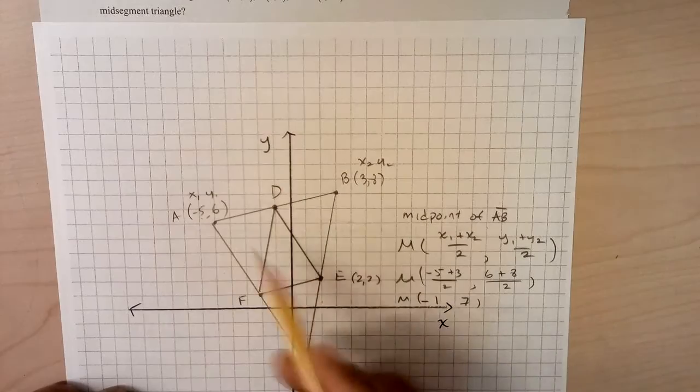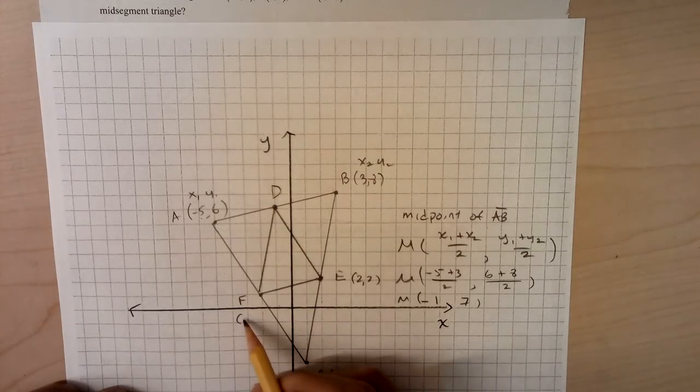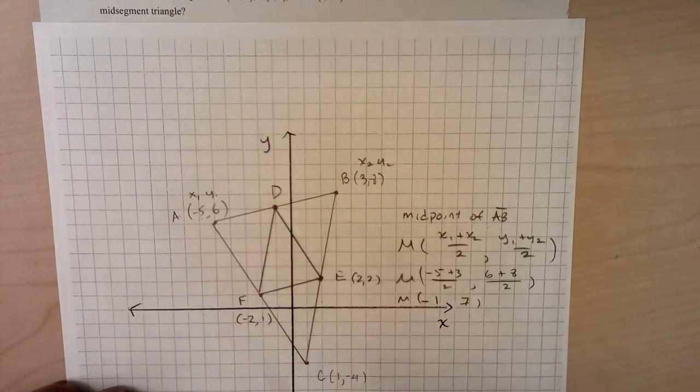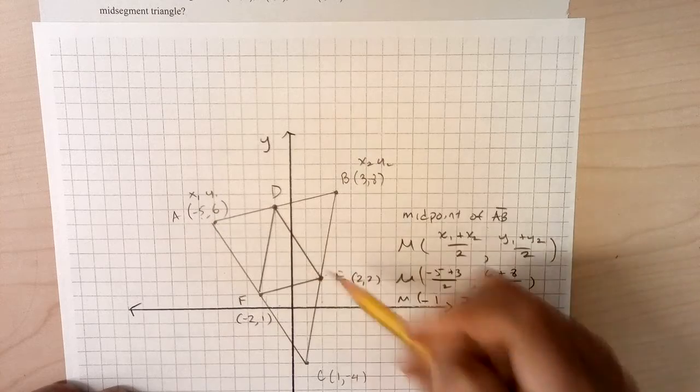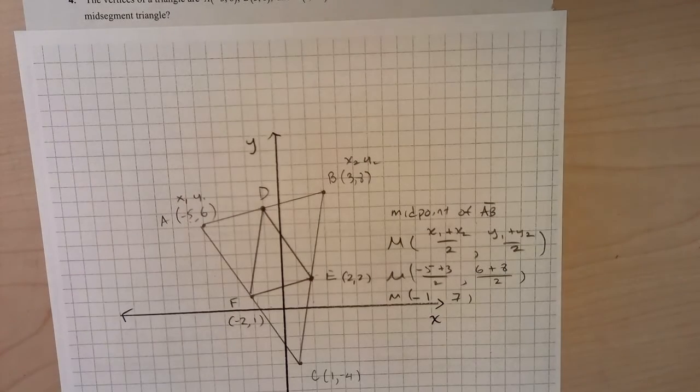And then for the midpoint of side AC, -2, 1. So this triangle right here, triangle DEF, is the midsegment triangle of triangle ABC. You could actually also find the midsegment triangle of DEF, and then keep repeating the process. Keep finding the midsegment triangle of each of the midsegment triangles.